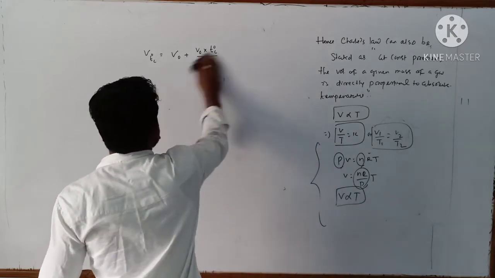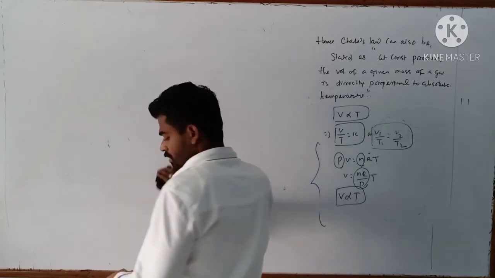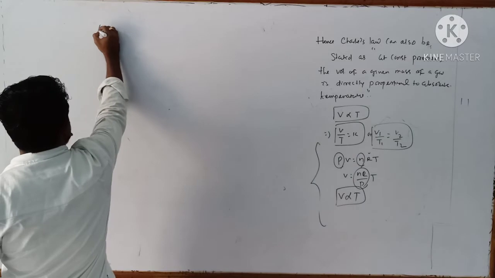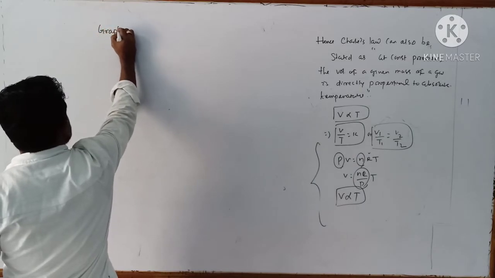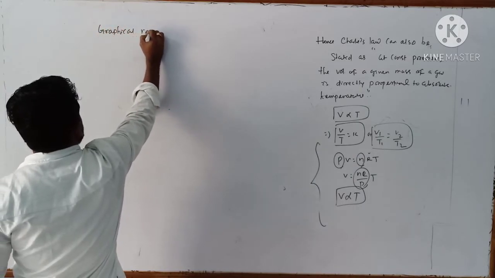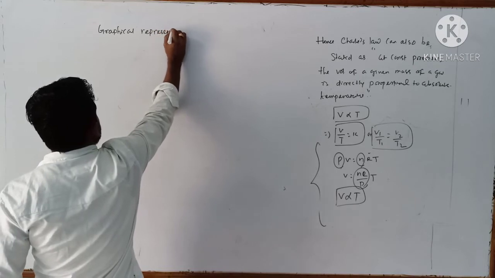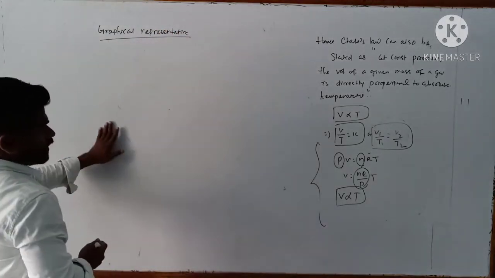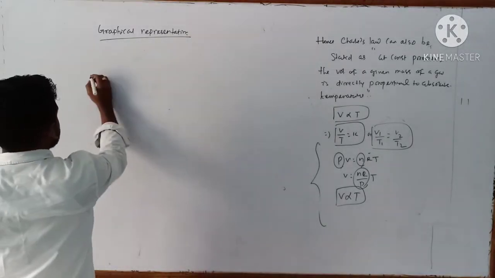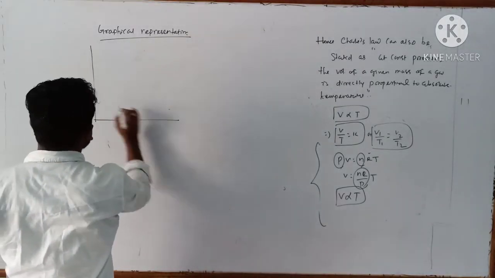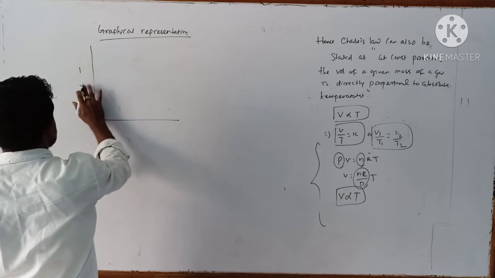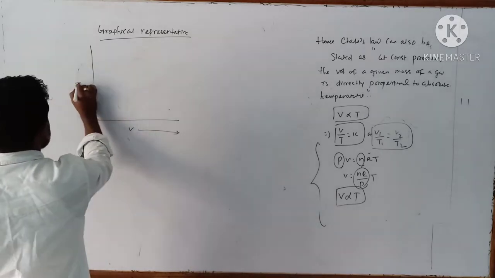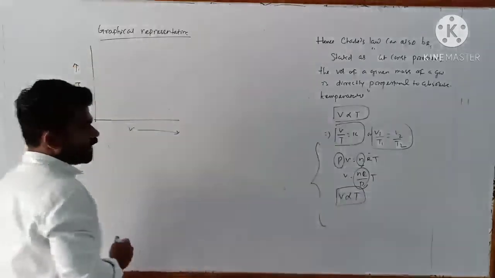Let us proceed through the graphical representation, very important. The first one is V and T, very simple. Let's say this one is volume and this one is temperature. So V and T are directly related.